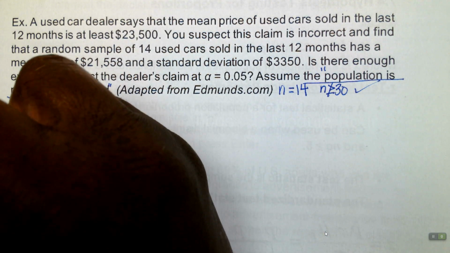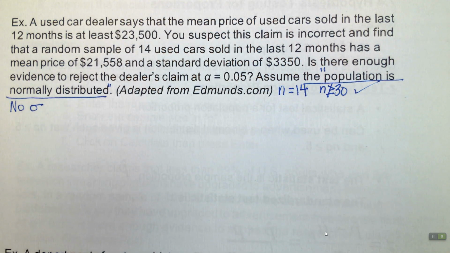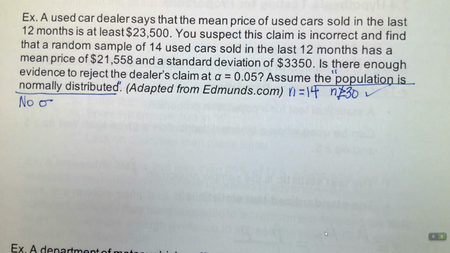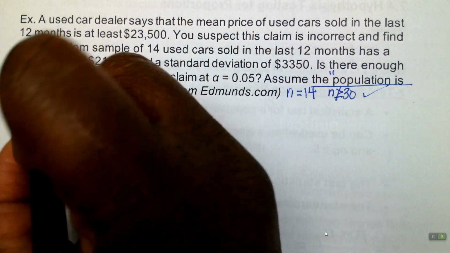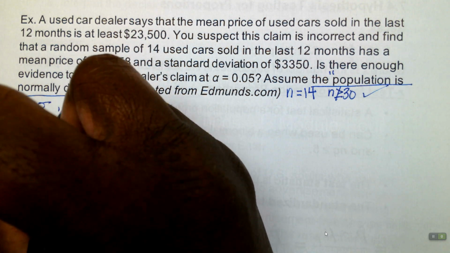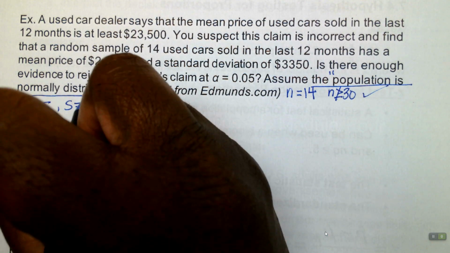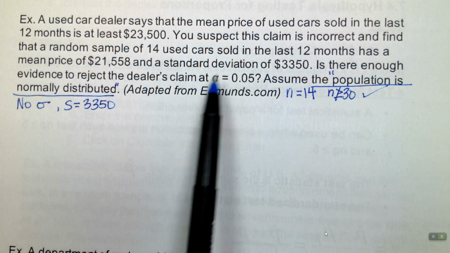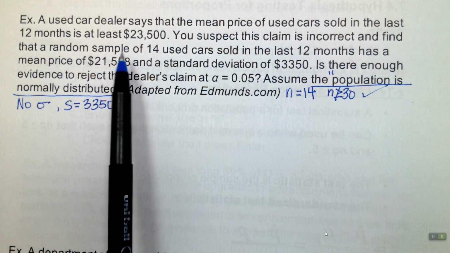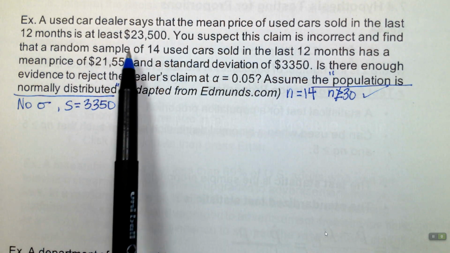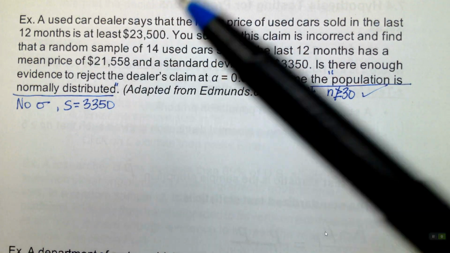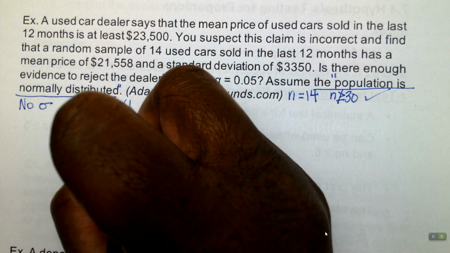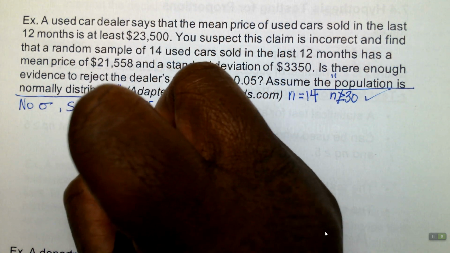So I don't have a population standard deviation, but I do have a sample standard deviation. It doesn't say sample, but I know it's talking about the sample that was run, because it's giving the mean and standard deviation of that sample. So that means we're going to be running a t-test.